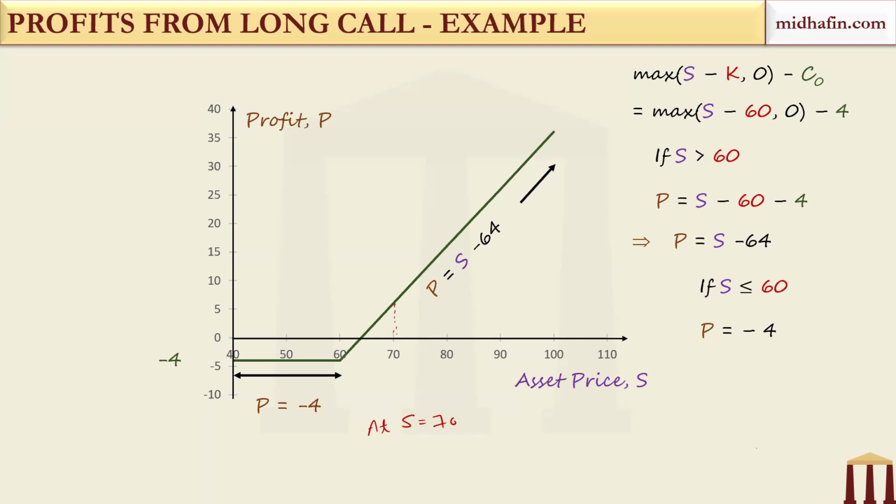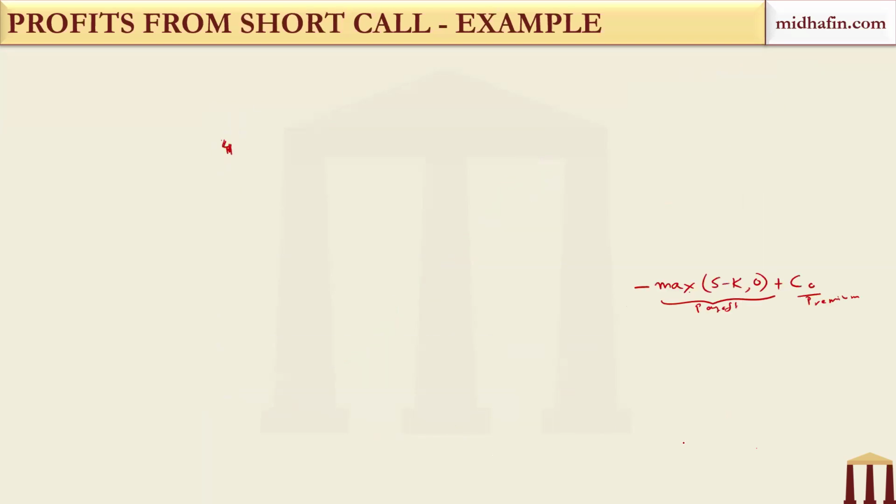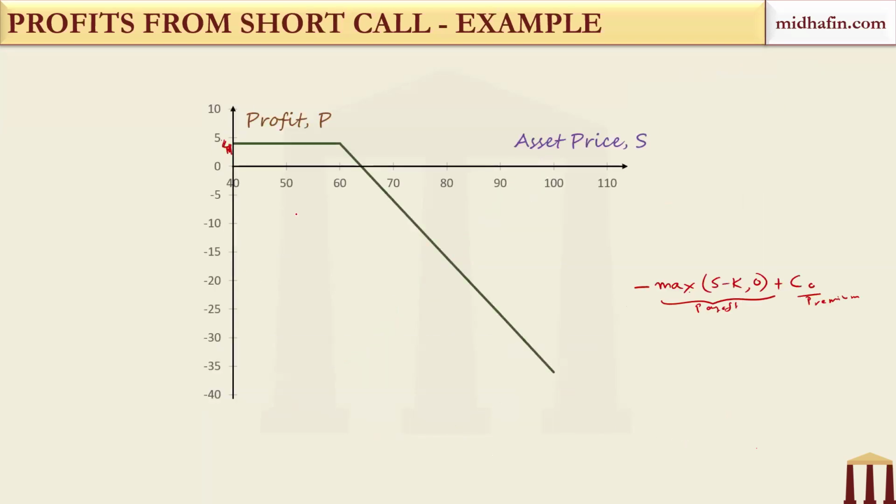If the option is in the money, let's say at S is equal to 70. Let's take this case. At S is equal to 70, your profit is equal to 70 minus 64, which is 6. So for the short call at S is equal to 70, the profit is equal to, as I said, payoff plus premium.